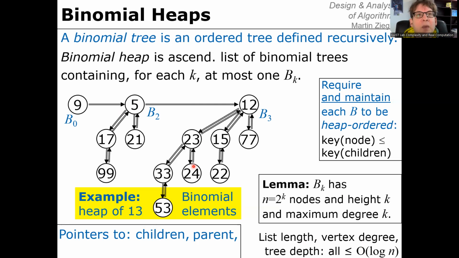And the other detail, in the linked list, so pointers to children, not the other way around. Well, yes, and the other way around. So bidirectional pointers. And same for the linked list, pointers to the left sibling and to the next binomial tree. So here we see these pointers corresponding to the ascending order, and here we have also pointers to the siblings, but this doesn't increase the degree by more than a constant.